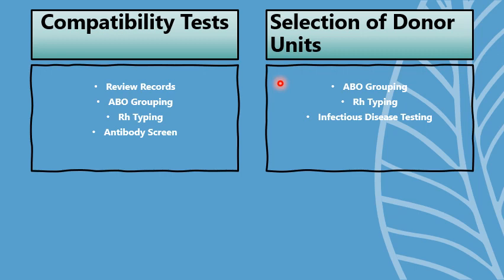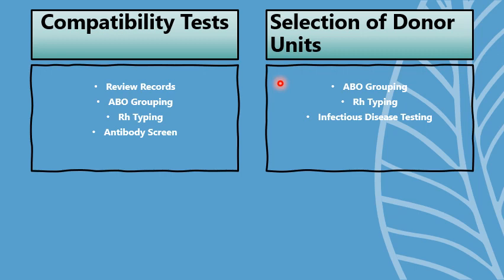So they perform ABO, RH grouping, weekly tests if they are RH negative units, and test for infectious diseases like HIV, hepatitis panel, syphilis test, and recently FDA recommended to add testing for Zika virus. So once the unit meet the criteria, the unit is distributed to transfusion facilities.